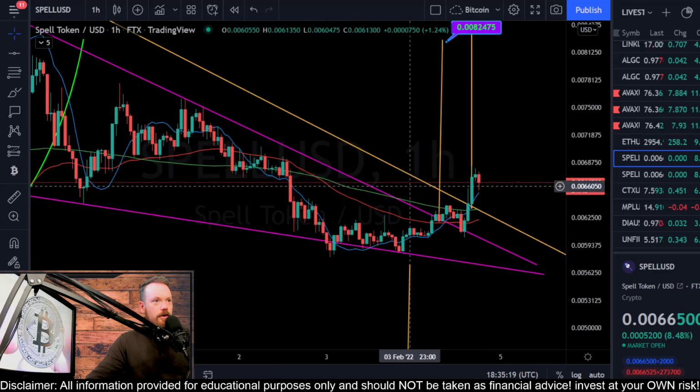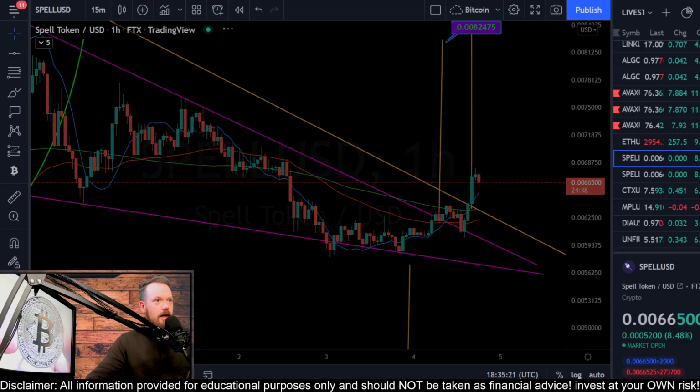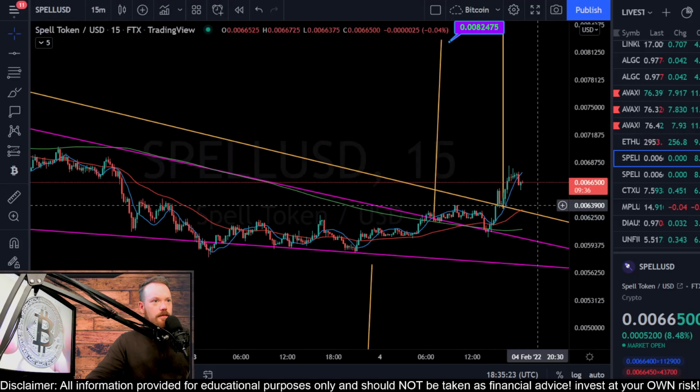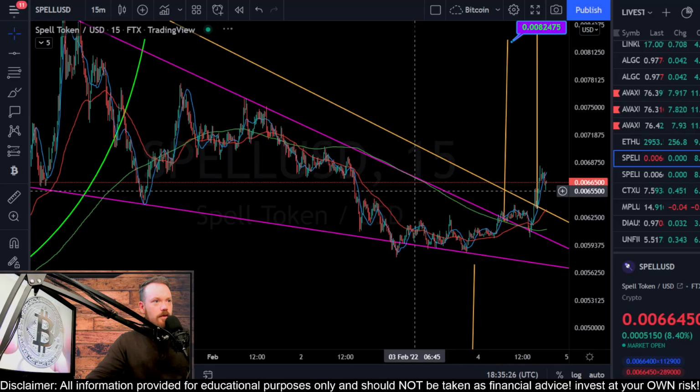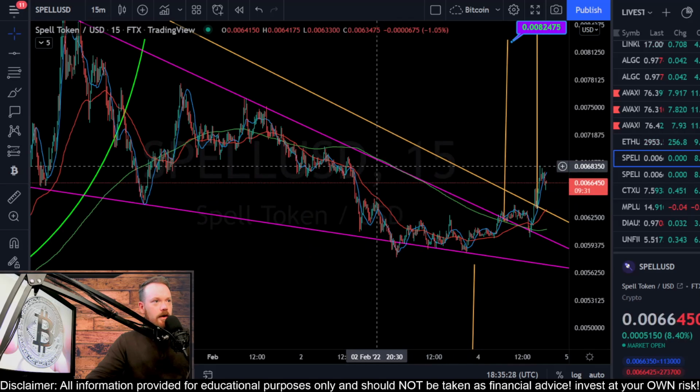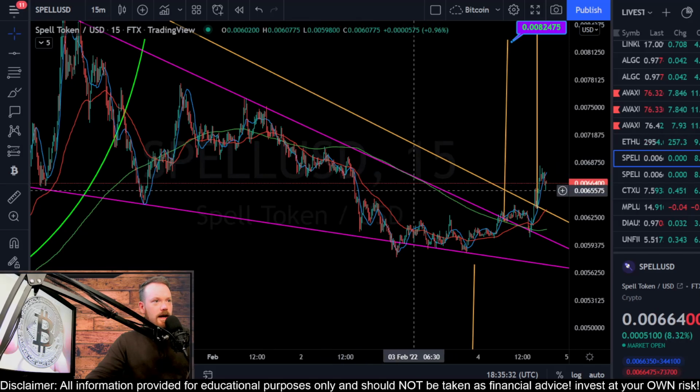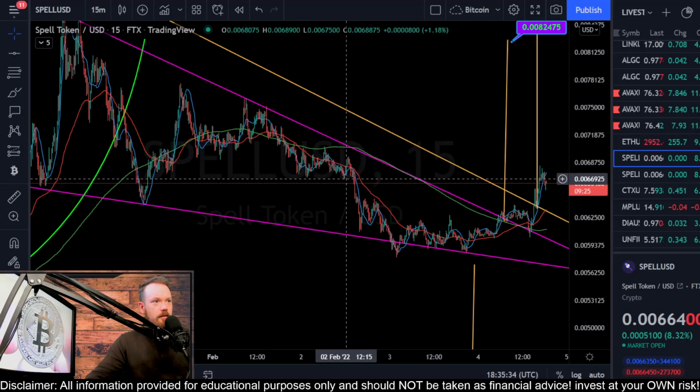Now, real quickly, I want to take a look at the short-term time frame. I'm going to put it down on the 15-minute and take a look at our current pullback, because we are getting somewhat of a little pullback. You came all the way up here to test some of this previous support and resistance back here. And now you have gotten a pullback below some of that previous support.